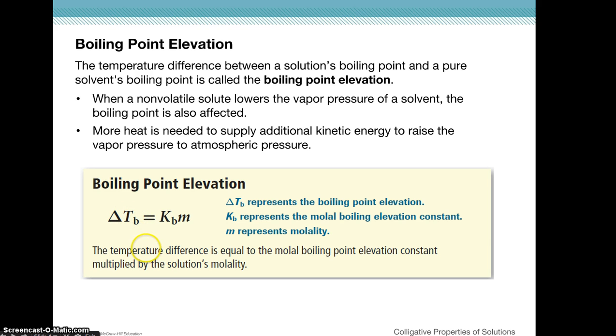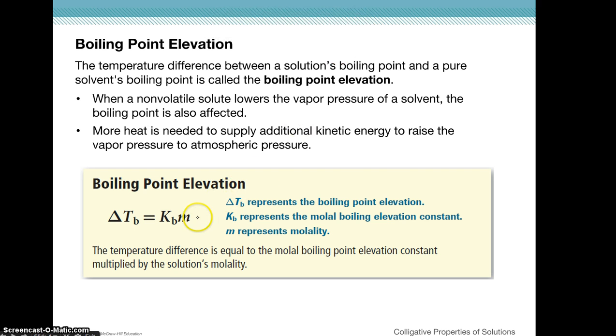That's why it's T_B. That's going to equal K_B, a constant based on the solvent, times molality. And the molality, this is one thing we haven't looked at yet. We haven't done anything with molality. So now this is where we're going to be using those molality calculations.